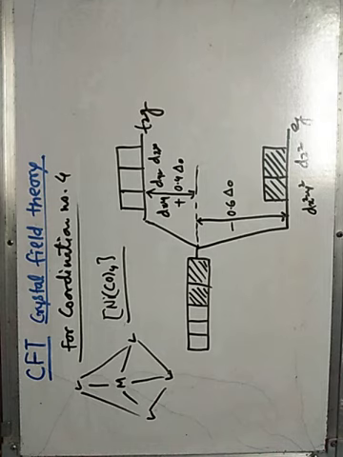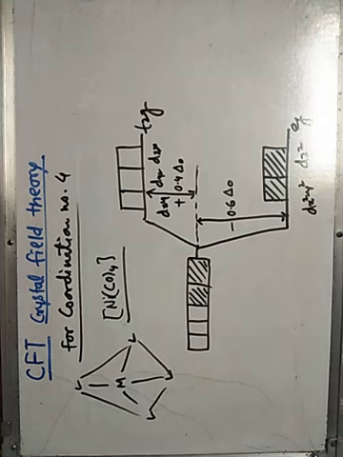So this will be the CFT for coordination number 4 whenever we consider the tetrahedral construction. In case of NiCO4, we can go for this kind of splitting of d orbitals. But in case of square planar construction, it will be quite different.